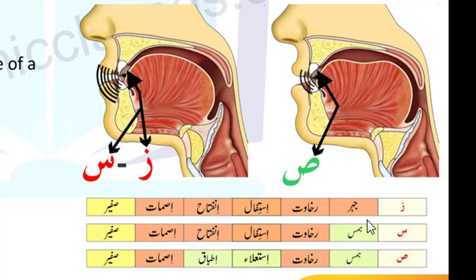There is only the jahr and hams quality different between za and sin, and in the sad there is only al-isti'la and al-itbaq, and al-hams as well as in the sin. I hope you understand these. So let us practice a little bit and then you will understand. And here you can see in the za and sin, the tongue is not going upward to the roof of the mouth. That is the difference.